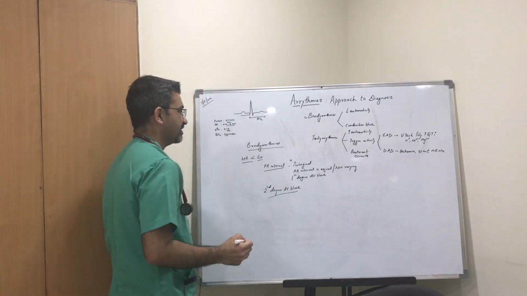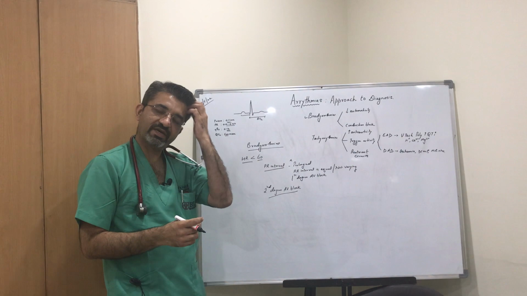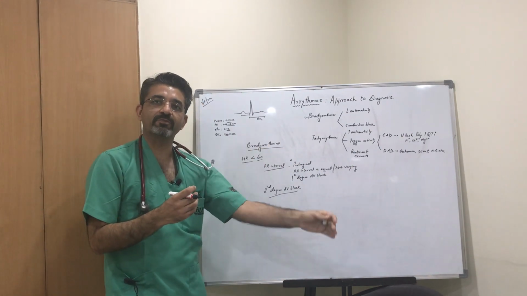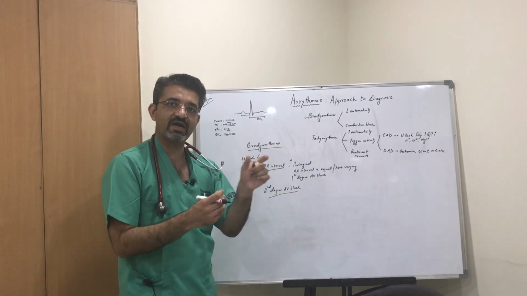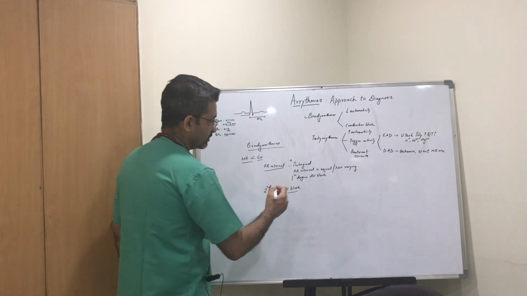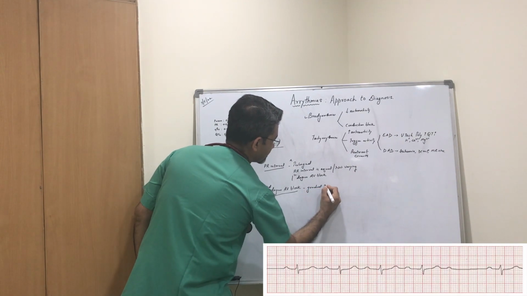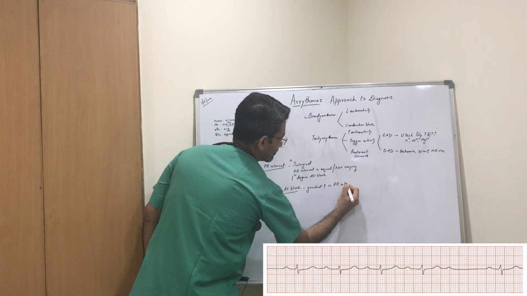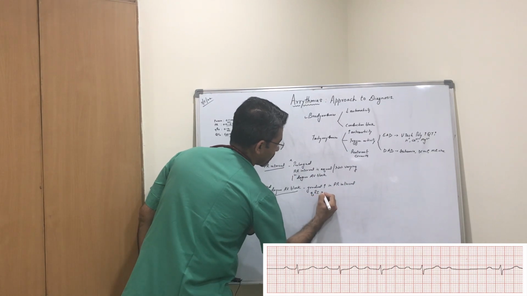In second degree AV block, there are two types. In the first type, you have a gradual increase in the PR interval and a beat drops. Then again there is a gradual increase in the PR interval and a beat drops. So the RR interval will vary from beat to beat. So there is a gradual increase in PR interval and one QRS then drops.